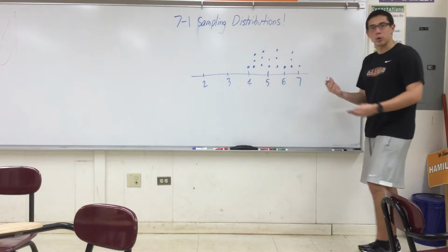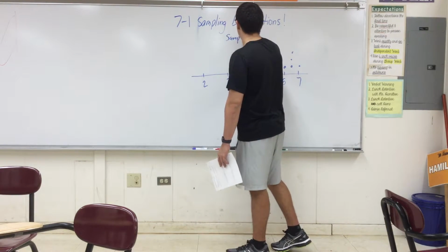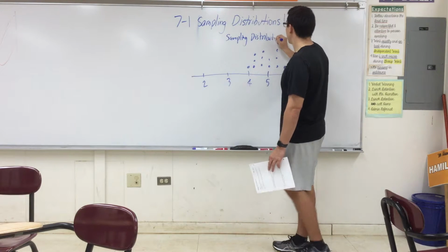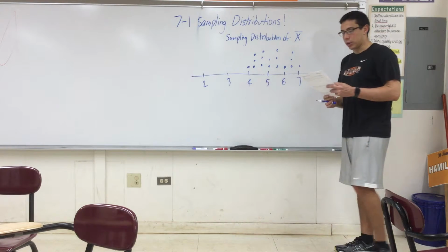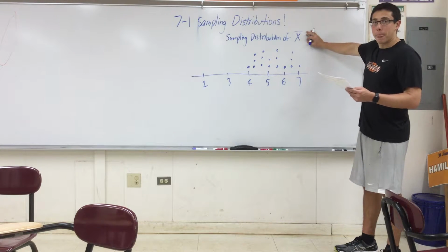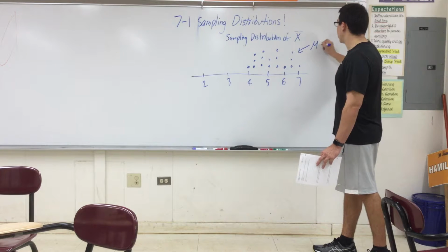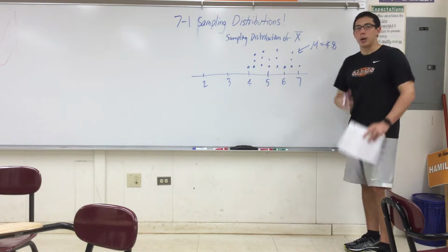This would have been my sampling distribution of X bar. Let's say I computed this and the mean ended up being 4.8.